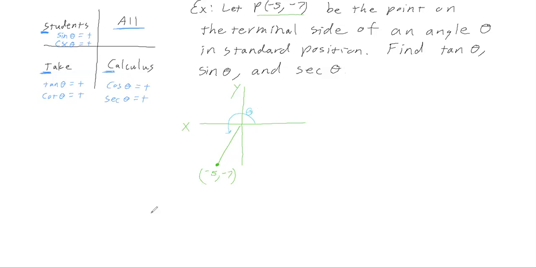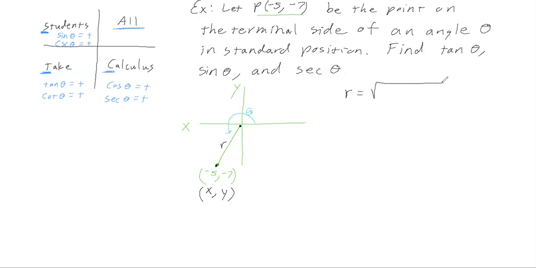All right, think about this for a second. There's an x coordinate, that's a y coordinate. So x is -5, y is -7. Also, let's think about an r value right here. R is this length from here to right here. So how did we calculate r? We had a formula.